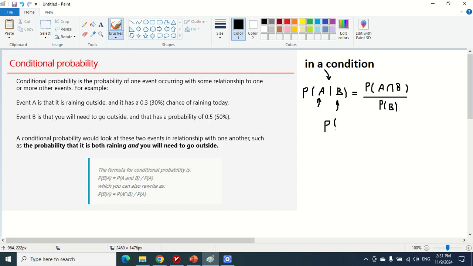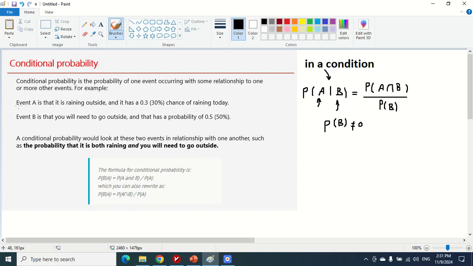So I emphasize that the probability of B is not 0, and B should be a possible event. With that condition, we define the conditional probability.